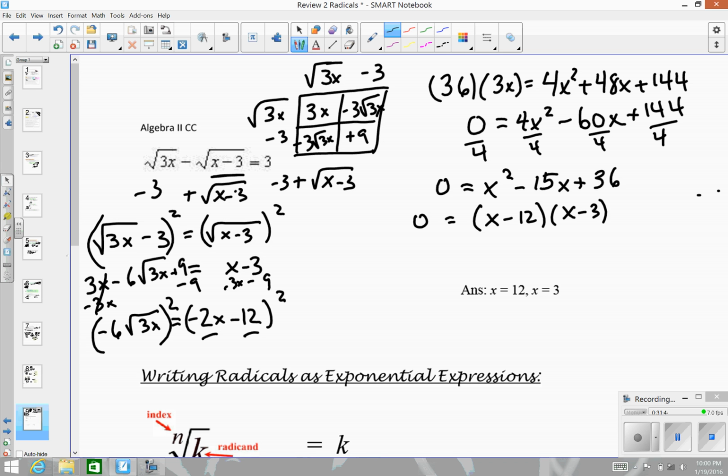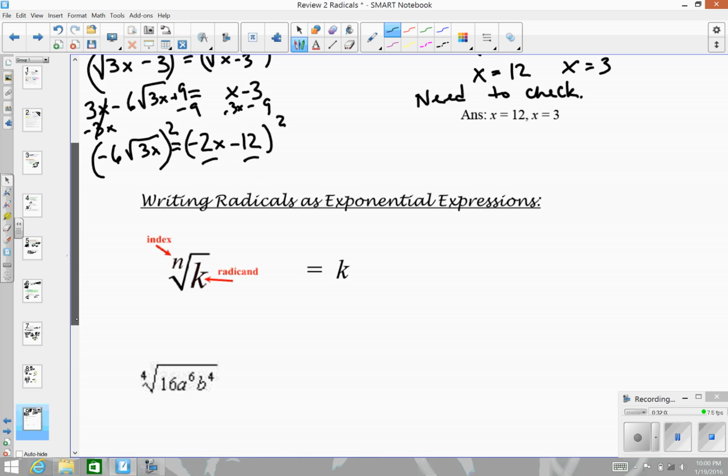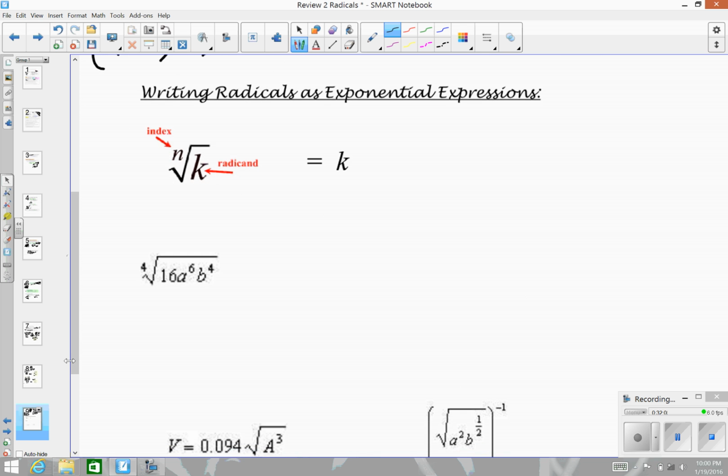I'm going to set each of those binomials equal to 0. Gives me solutions of x equals 12 and x equals 3. And I need to check these. And I'm going to leave that to you to check to determine whether or not those are extraneous solutions or valid solutions.